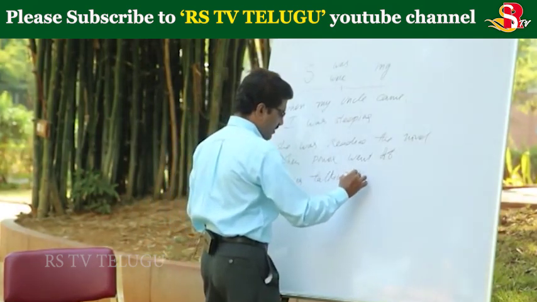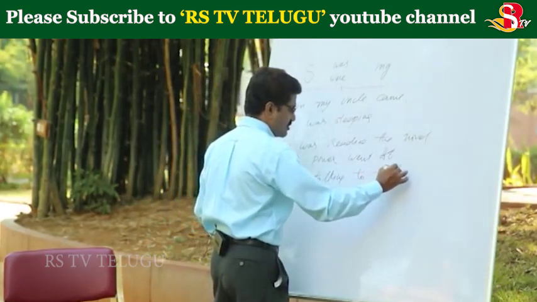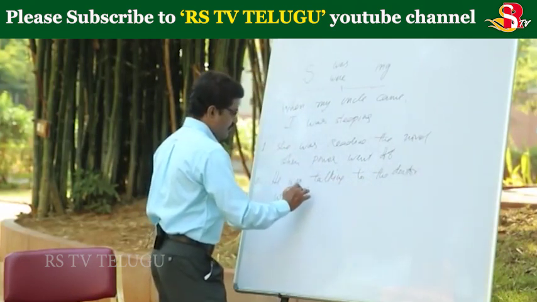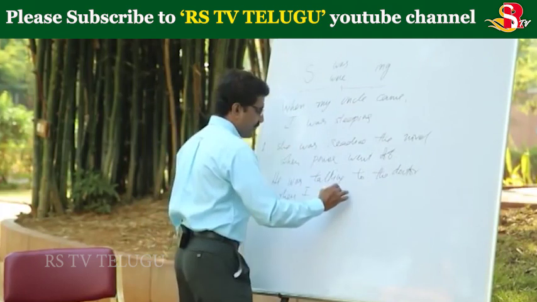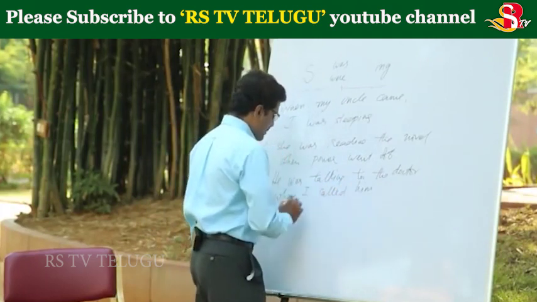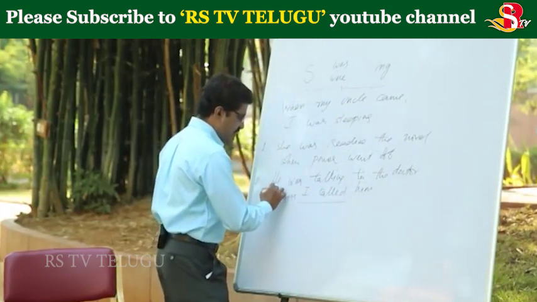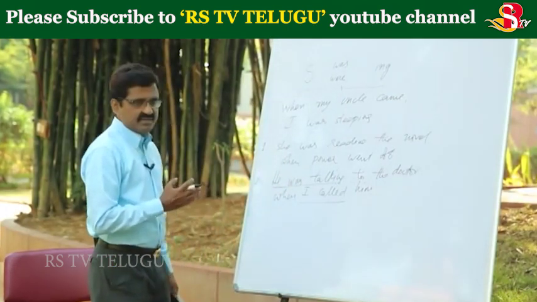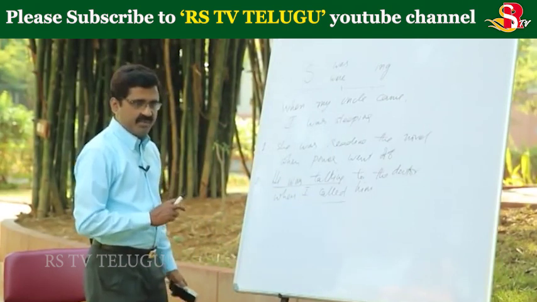He was talking to the doctor when I called him. So this is simple past, this is past continuous. So this is a common combination of using past continuous along with one simple past.